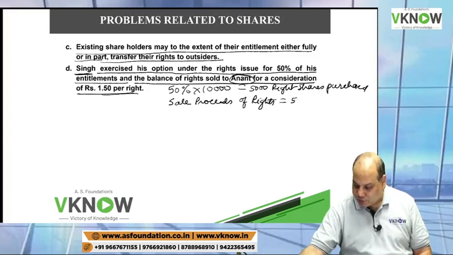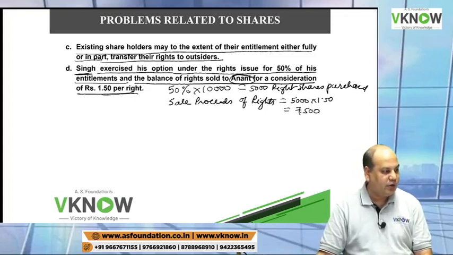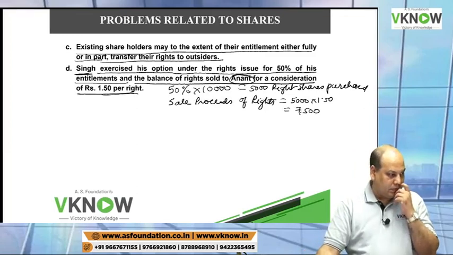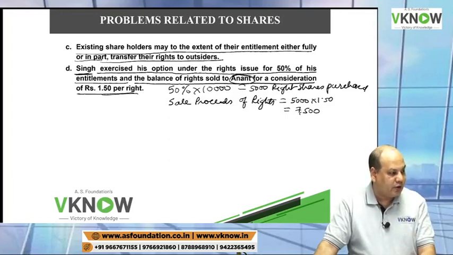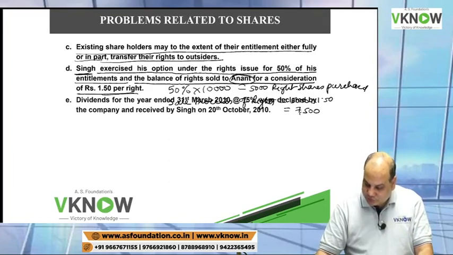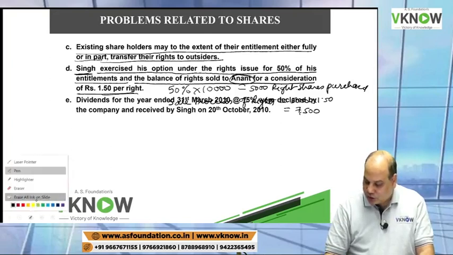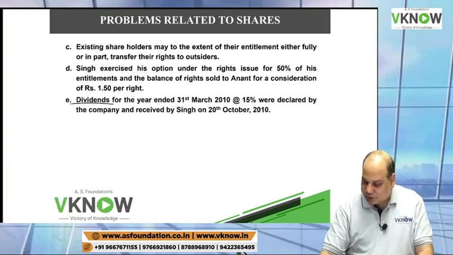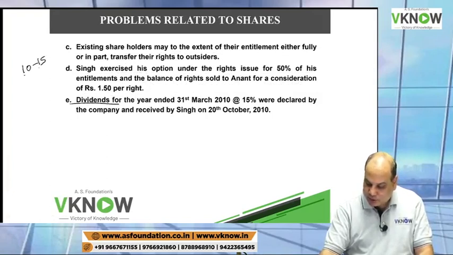Sale proceeds of right will be 5,000 into 1.50, and that is 7,500. 7,500 is the sale proceed of right. Okay. So this question has all the ingredients for a 15 mark question. So this question will come in the exam anything between 10 to 15 marks.